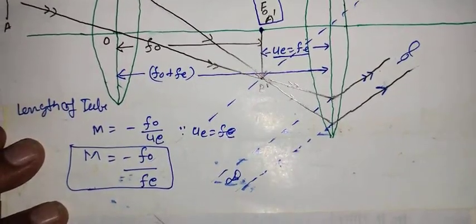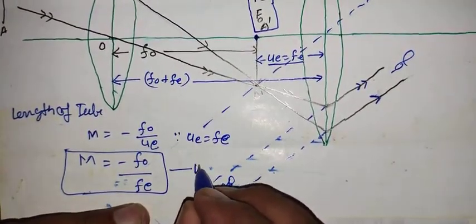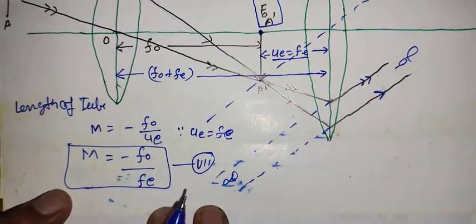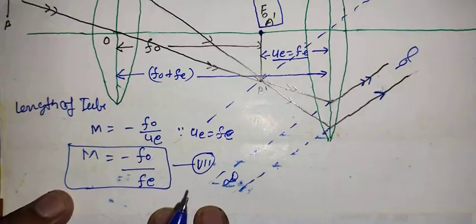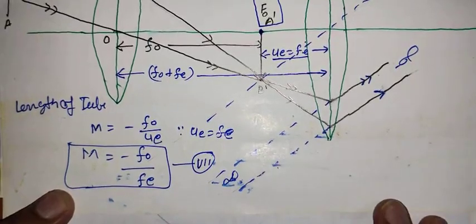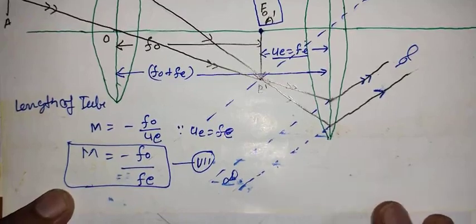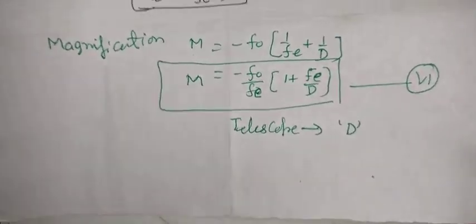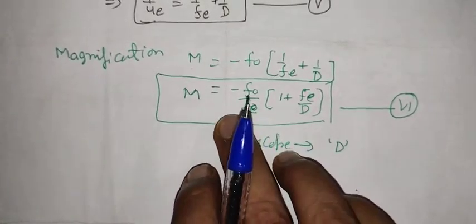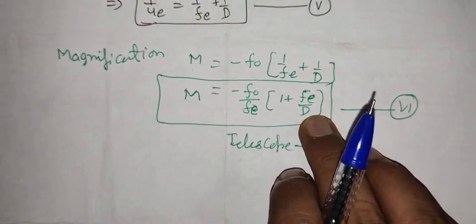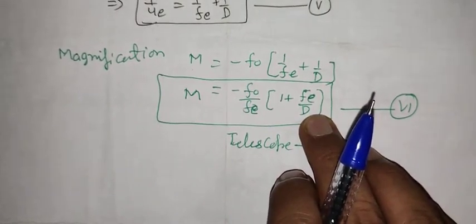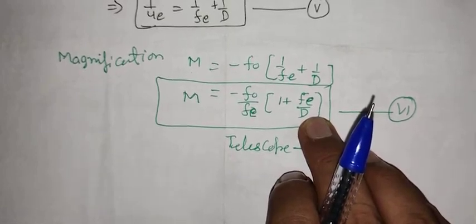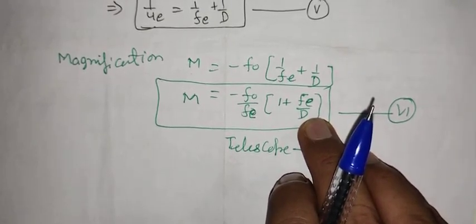This is equation number 7, to obtain the magnifying power of a refracting type astronomical telescope when the final image is formed at infinity, and we have the formula from before for when the final image is formed at the least distance of distinct vision. So this is the whole topic about the astronomical refracting type telescope. Thank you and have a nice day.